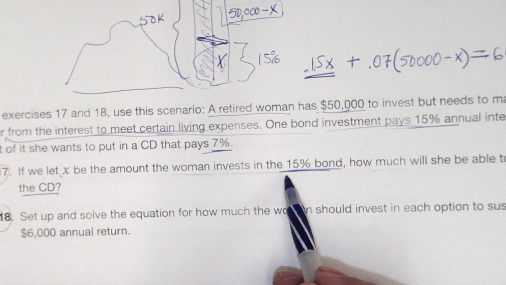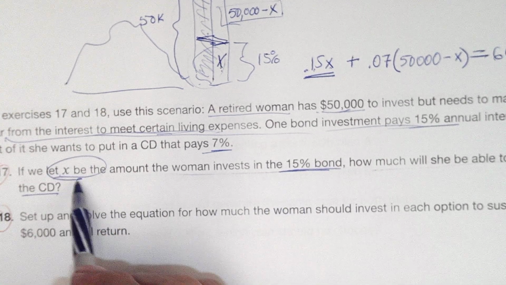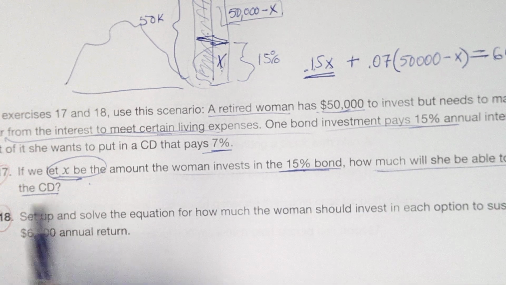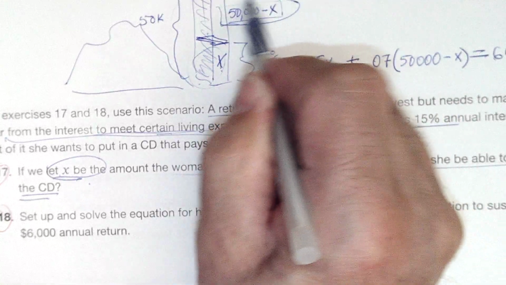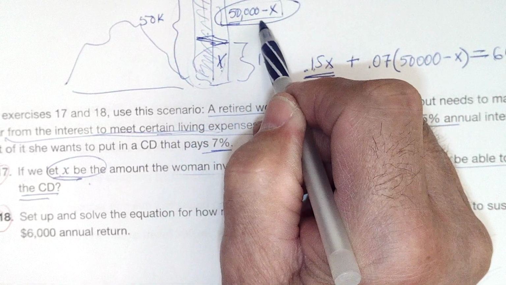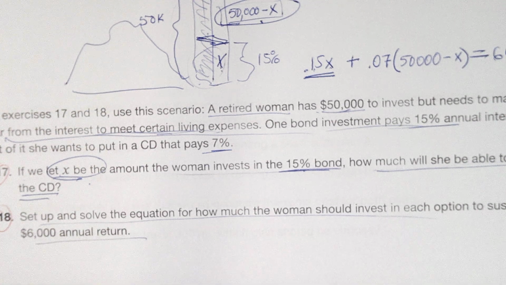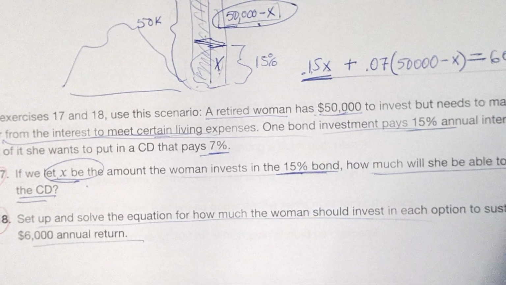So if X is the amount she invests at 15%, the amount she's able to invest in the CD is what's left. That's the answer to 17. Then set up an equation and solve it to get that. So we set this up.